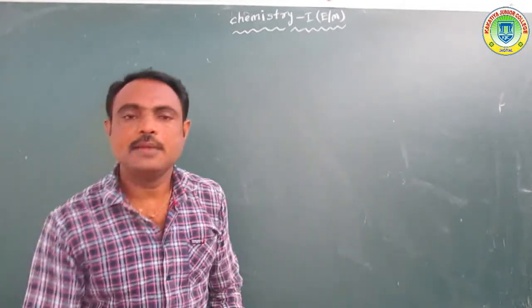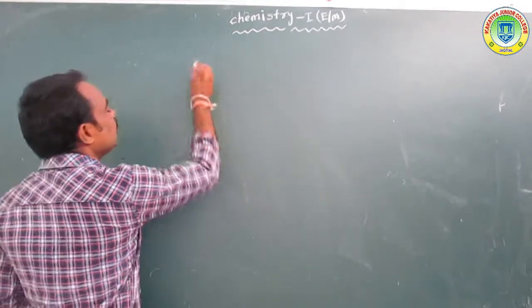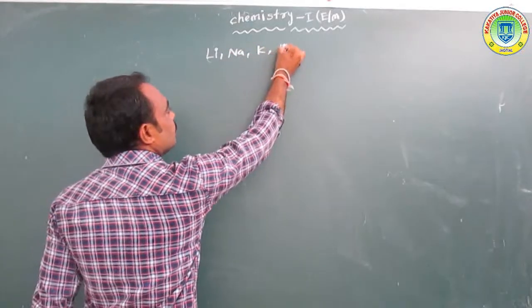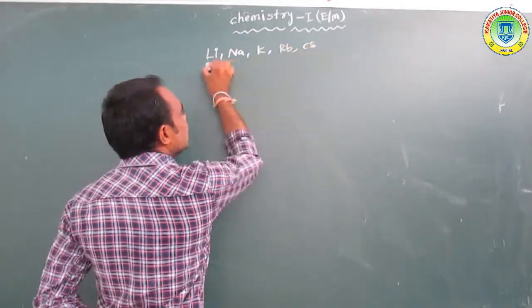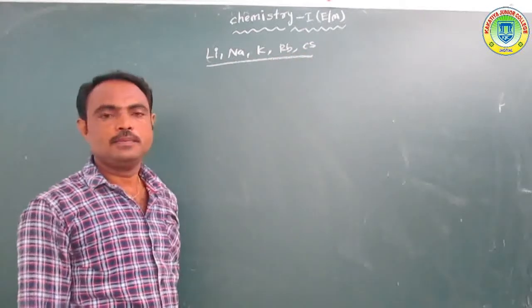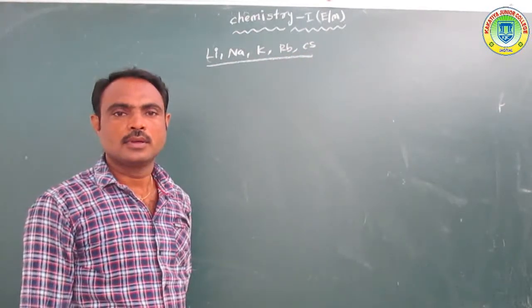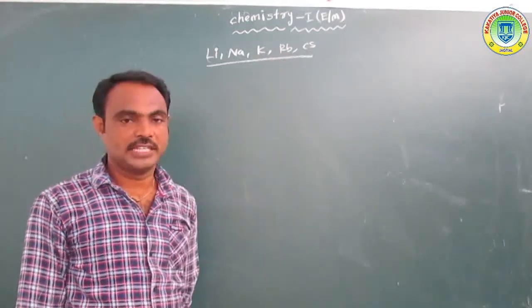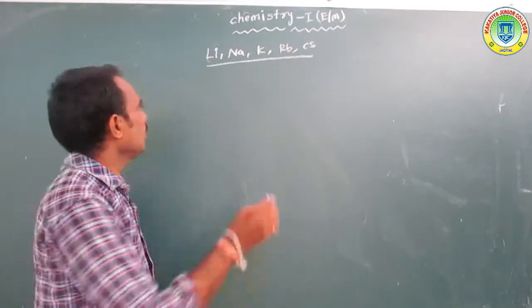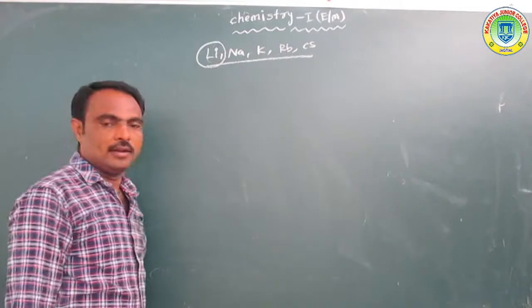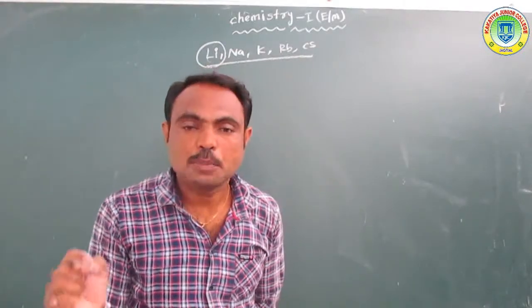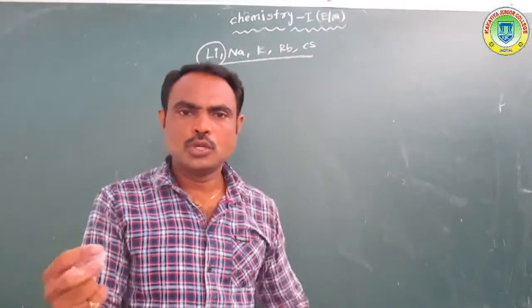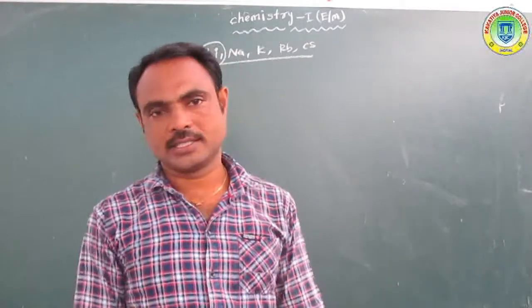So which elements are alkali metals? Already we know: lithium, sodium, potassium, rubidium, cesium. So overall, lithium exhibits anomalous properties. What is the meaning of anomalous property? Different types of characteristics.